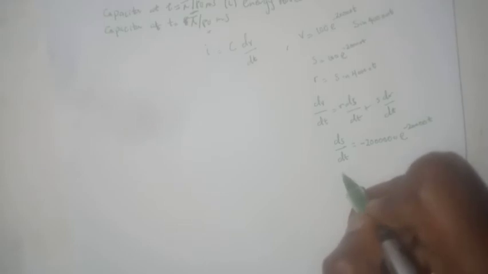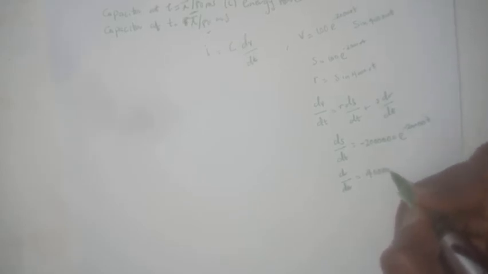Then dR/dt would be 40,000 cos 40,000 t. We differentiated this.